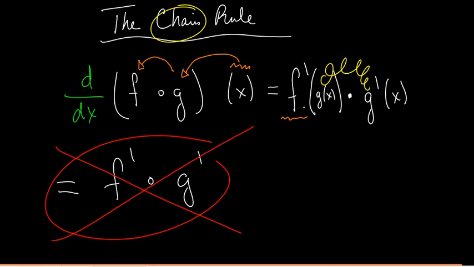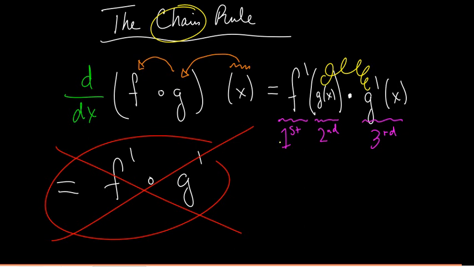So when you take the derivative, let's view this as a sequence of steps. Okay? So take the derivative of f first. That's the first step. The second step is plug in g. So that's the second step. And the third step is to take the derivative of g. Okay, and that's all.